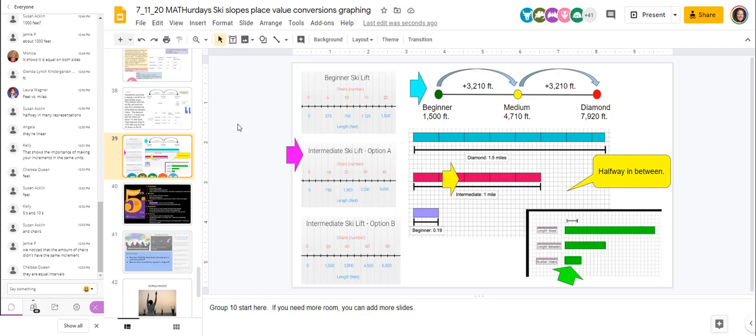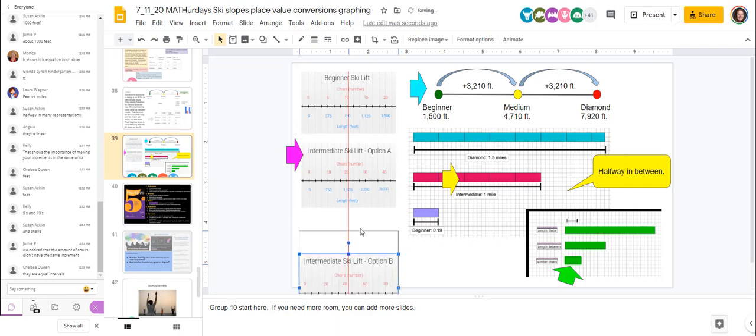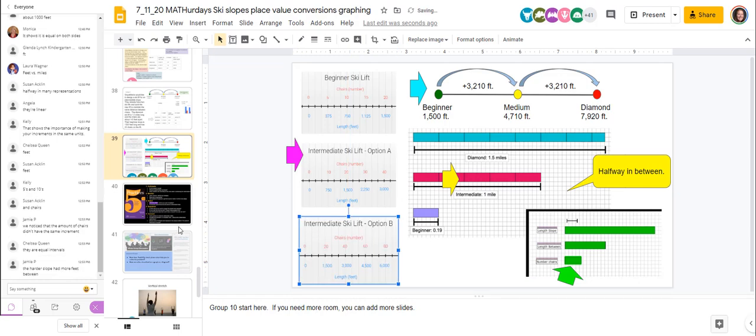And so, Sally, I've seen that a couple of people have mentioned chairs and feet. So she's got 2 different units represented on this double number line.